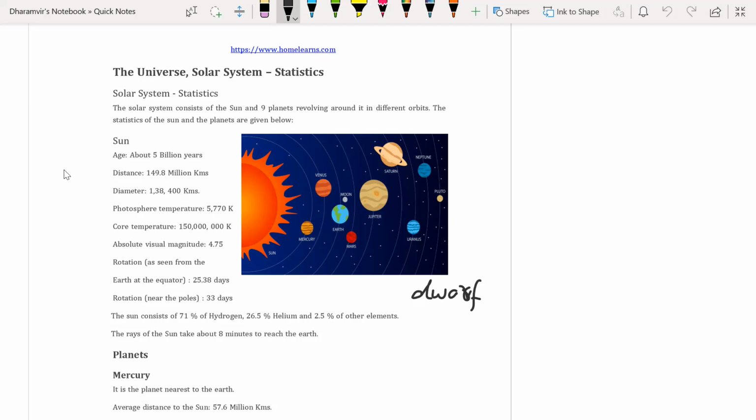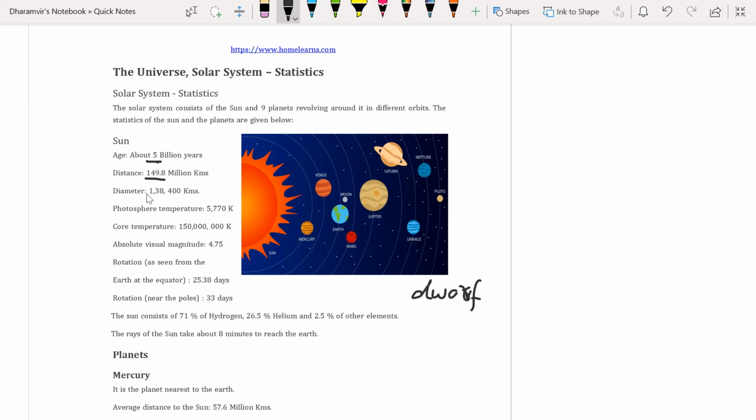The sun's age is about 5 billion years. The distance is about 149.8 million kilometers in total.